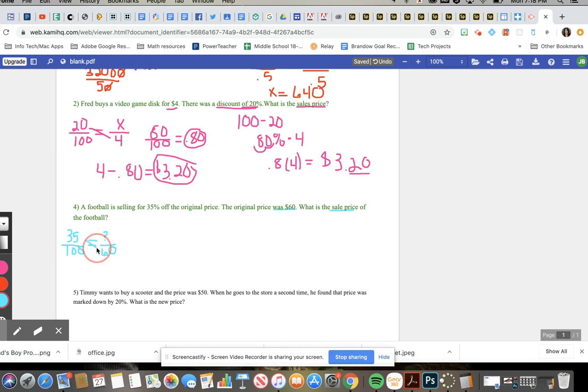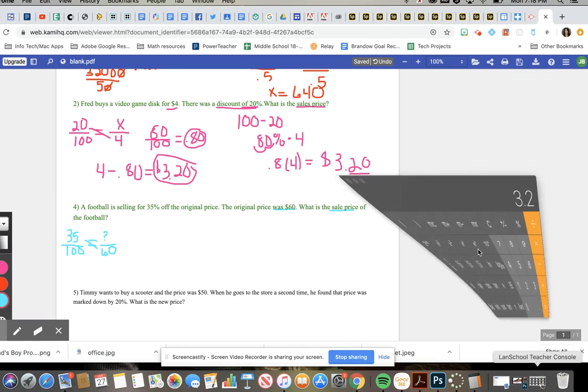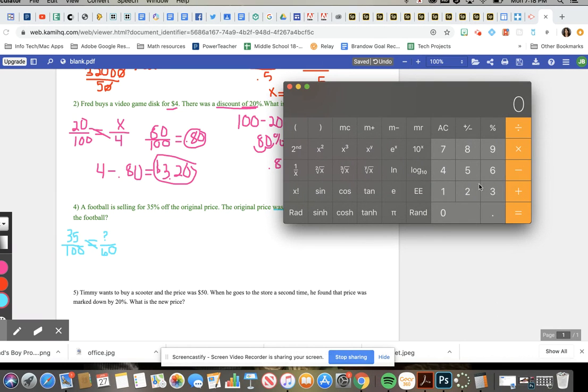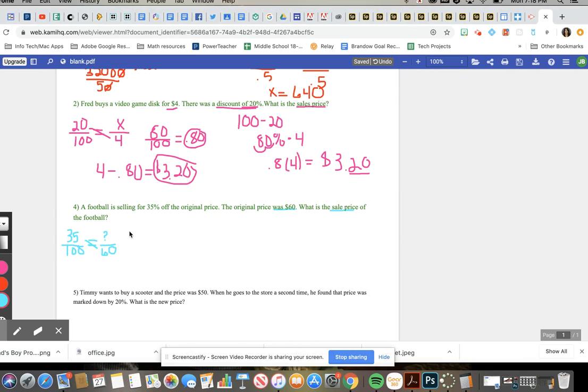So let's multiply across. 35 times 60, which is 2,100. 100 here, divided by that other number, the 100.